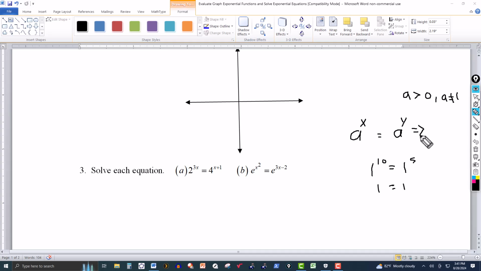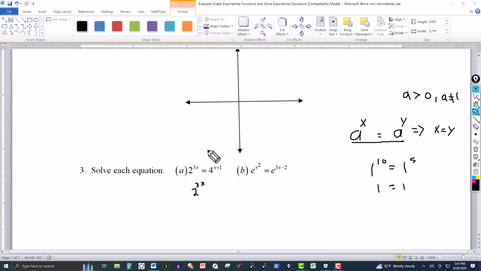So as long as we have the condition where the base is positive and not equal to 1, and I have this situation here, where the base is the same and you have this equality, the exponents have to be equal. x has to be y. So over here, let's just rewrite this. It's 2 to the 3x.